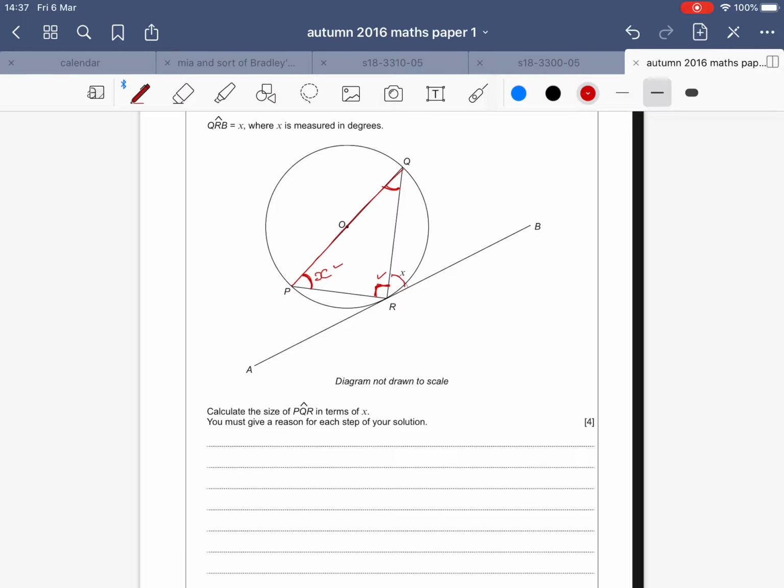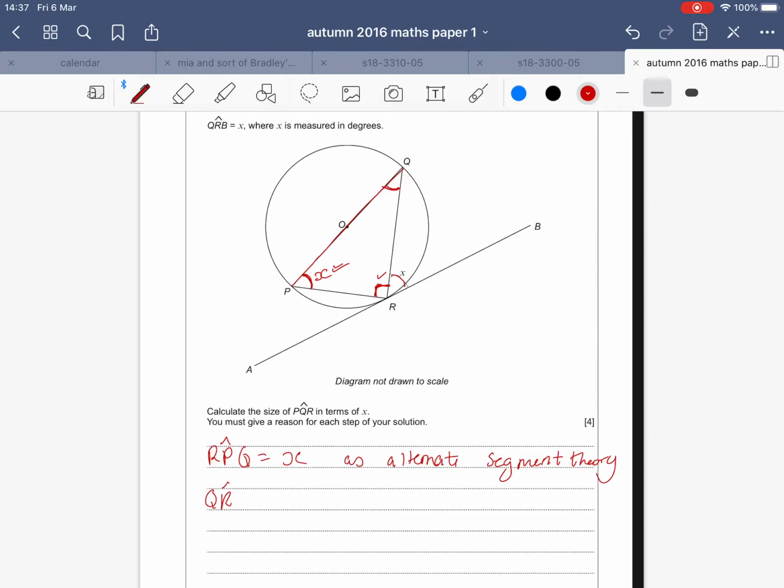So we can say, let's first say that RPQ is x as alternate segment theorem. So that's why this one is x.